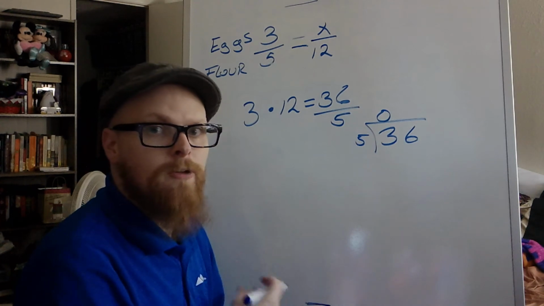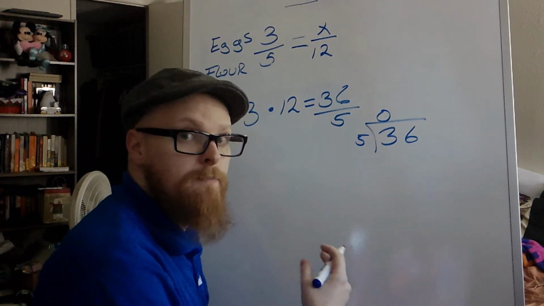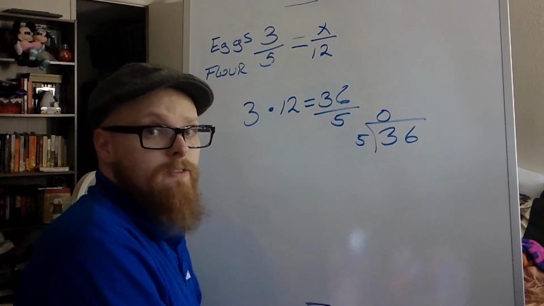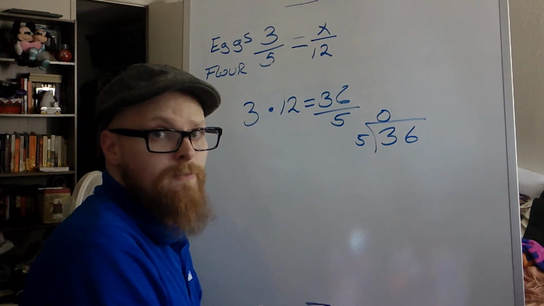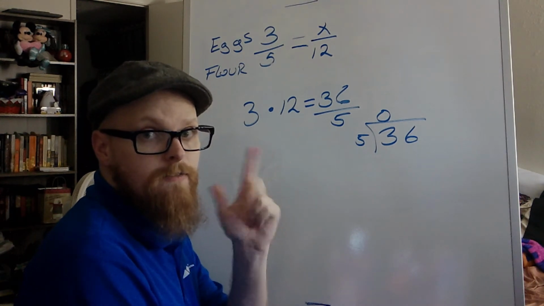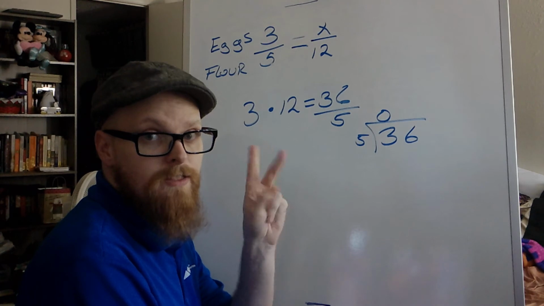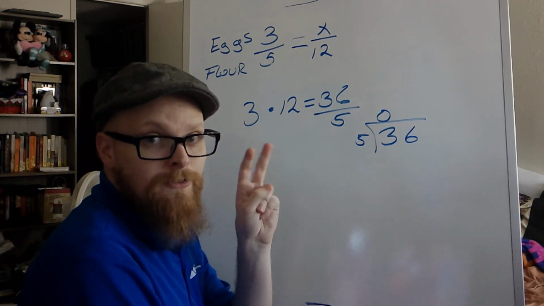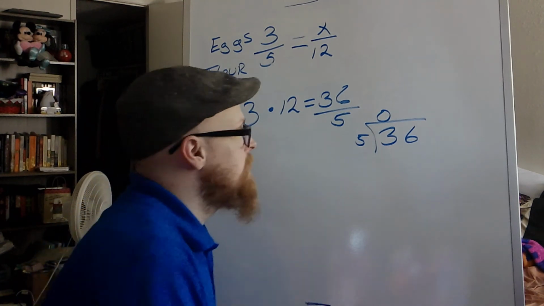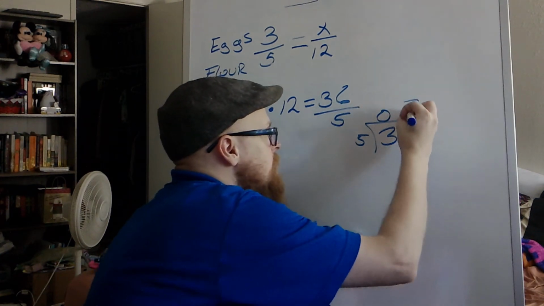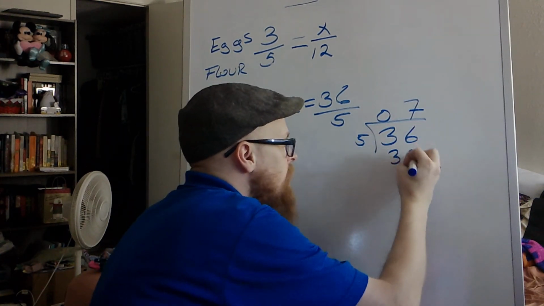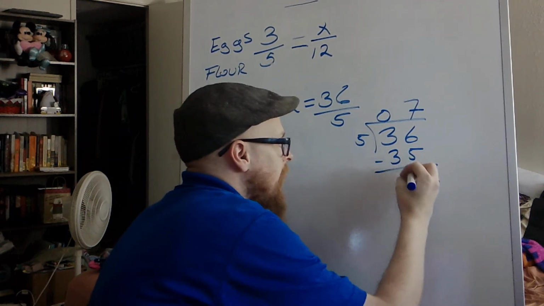I need the placeholder because my brain doesn't like the blank spots, okay? In this case, if you know multiplication tables, this will be easy. Otherwise, go by 5. 5, 10, 15, 20, 25, 30, 35. 35 works. 40 doesn't, so it has to be 7. 35. And I have a remainder of 1.